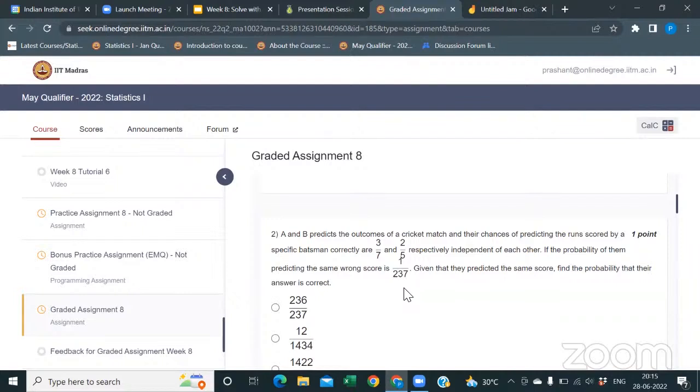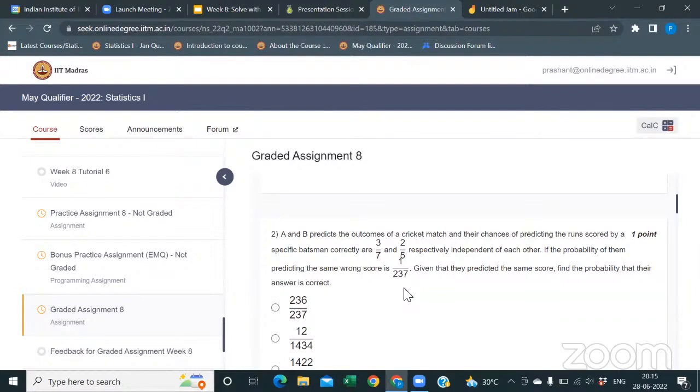Then we have to find the probability that both answers are correct. Sir, here do we have to find A intersection B, or A union B? I didn't understand that.